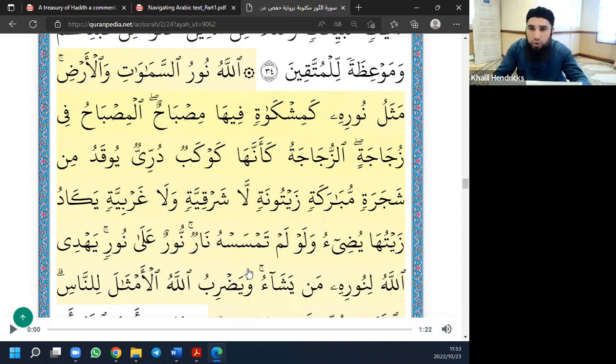Imam al-Ghazali rahimahullah ta'ala says that he prefers the meaning of idhar. Right? And that is to make something apparent. And he says nur means that thing that is zahir, that is apparent and makes other things apparent.